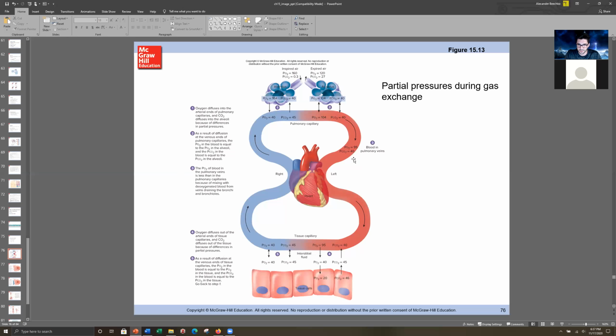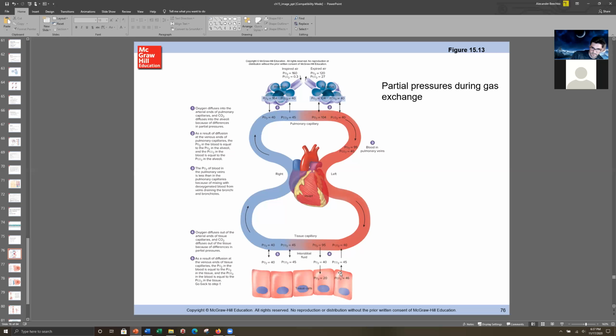So as we get out into the blood, the PO2 of blood in the pulmonary veins is less than that in the pulmonary capillaries because of mixing with the deoxygenated blood from the veins draining the bronchi and the bronchioles. Now as we get down to the tissue level, at the tissue capillary, oxygen diffuses out of the arterial ends of tissue capillaries, and CO2 diffuses out of the tissue because of the differences in partial pressure, right? So PCO2 is still a little bit lower than it is in the arterial system right here.